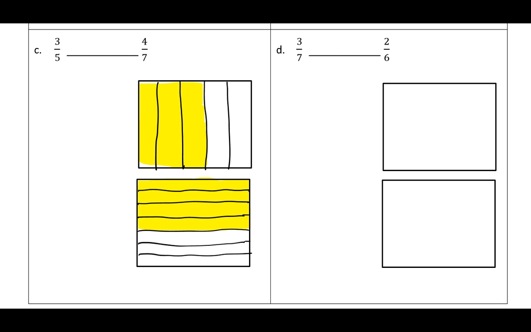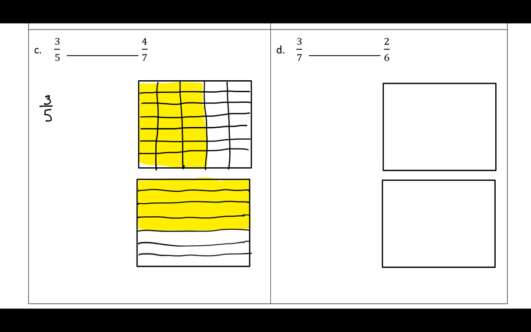Now here are my fractions. In order to compare them, I'm going to start with my 3/5 and draw the sevenths on top of the fifths. So I'll draw the horizontal lines to show the sevenths. And we'll record what we did mathematically. We started with 3/5 and we multiplied the number of pieces that made up the whole by 7, which now gives us 35 pieces that make up the whole.